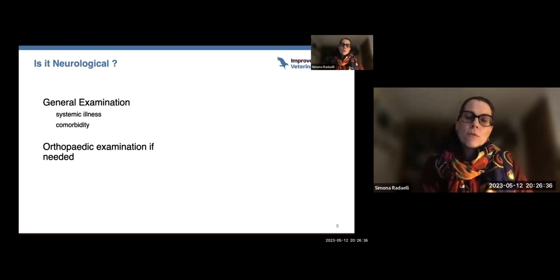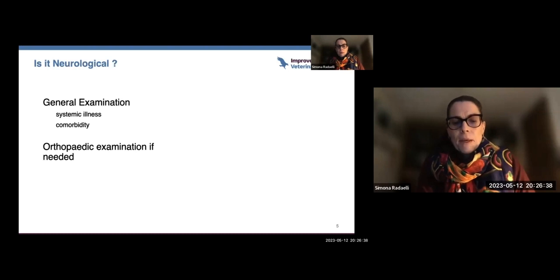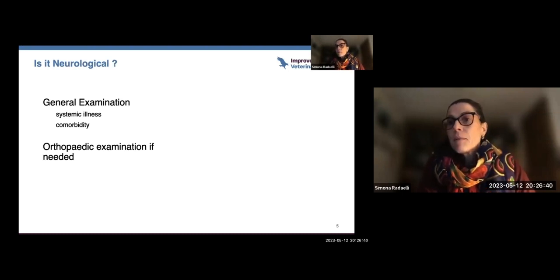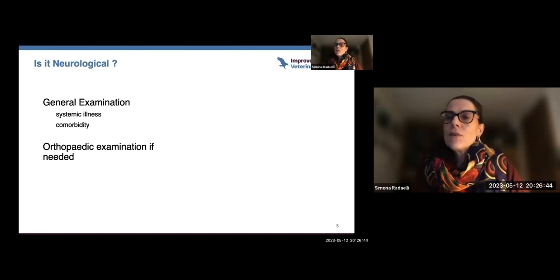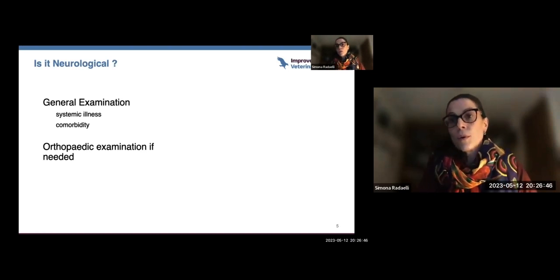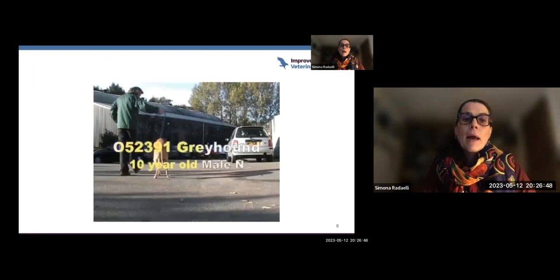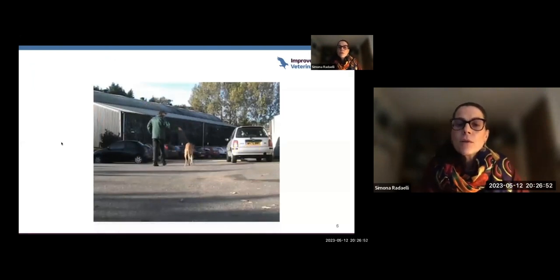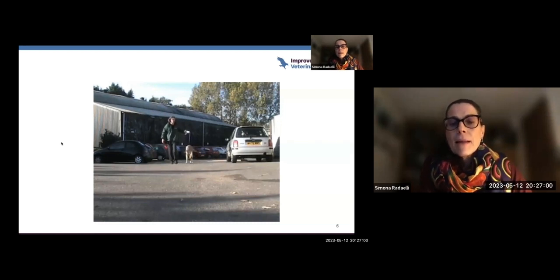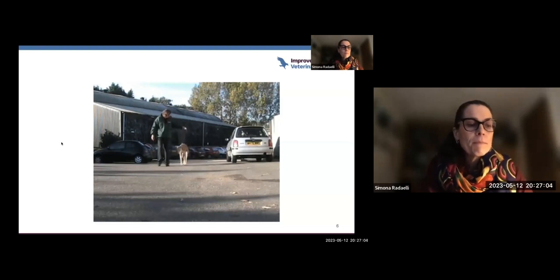Orthopedic examination is very useful because in case of, for example, lameness, we need to be able to identify whether the lameness is neurological or due to an orthopedic problem. I want to show you this video of this 10-year-old greyhound that was presented to us because he had abnormal gait, he was kyphotic, and had a bit of exercise intolerance, so couldn't walk very far.